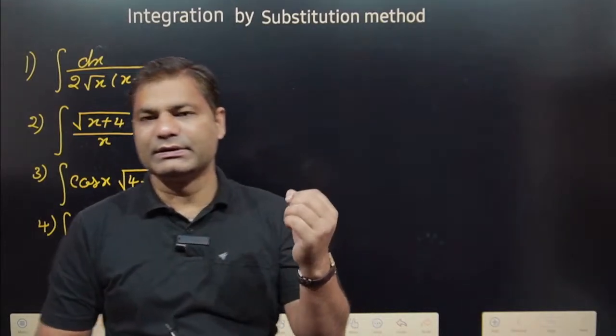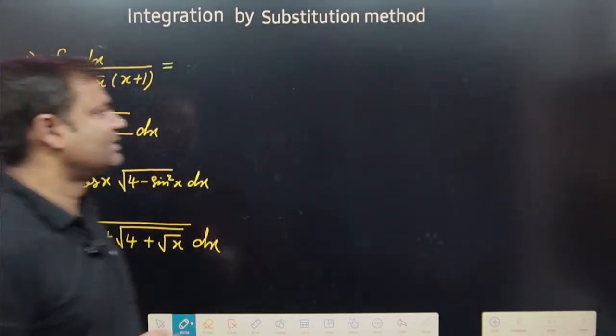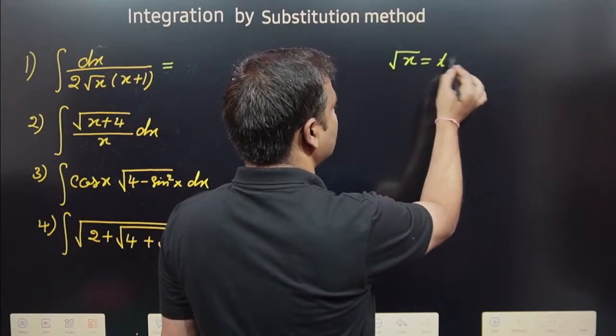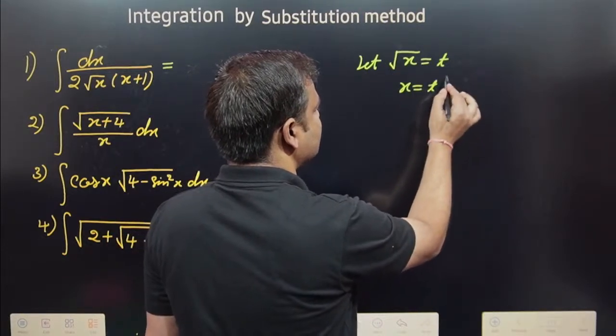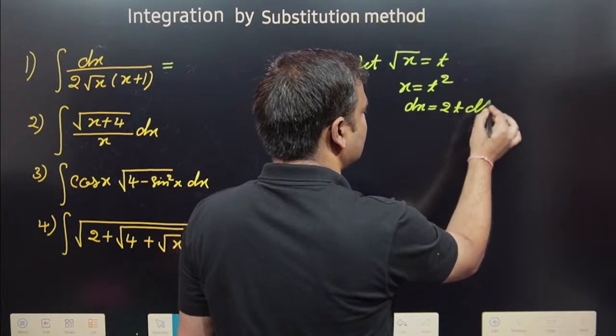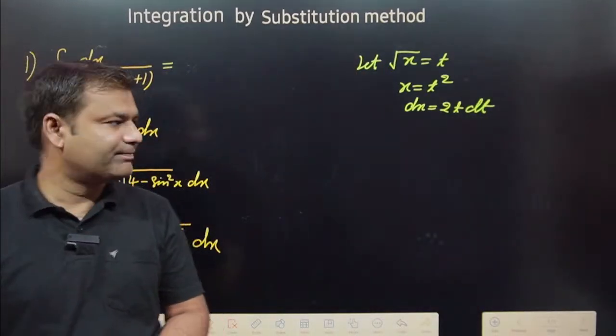So always in this type of problem, take root x. Let root x be equal to t. Very simple. So what about x? That is t square. So dx is how much? 2t dt.